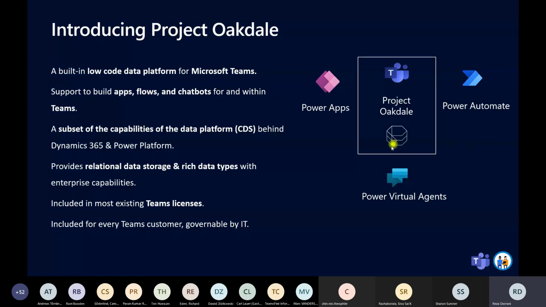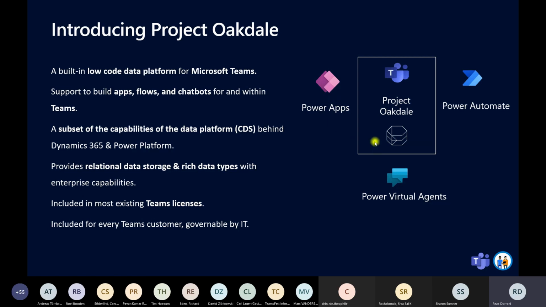Your standard Office license will give you access to a CDS Lite database that is available only and only within Microsoft Teams. At the same time, in Power Apps, if you interact with that database associated with your team within the context of that team, you do not need any premium licensing.